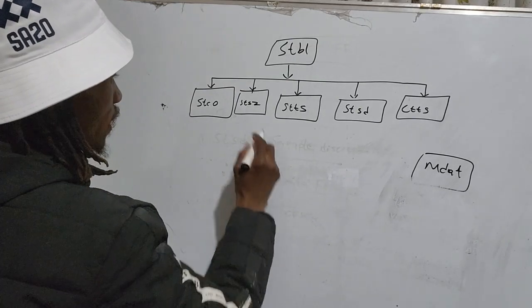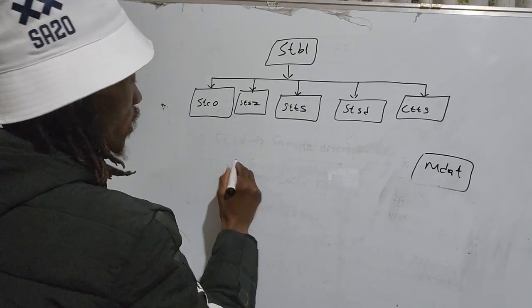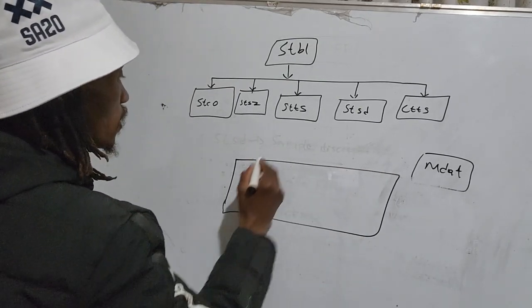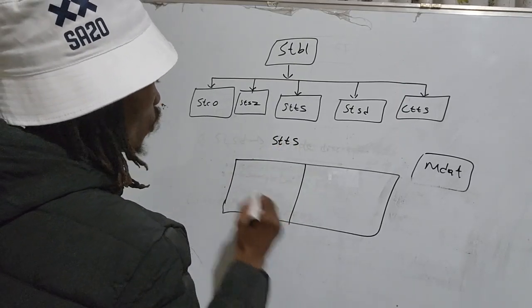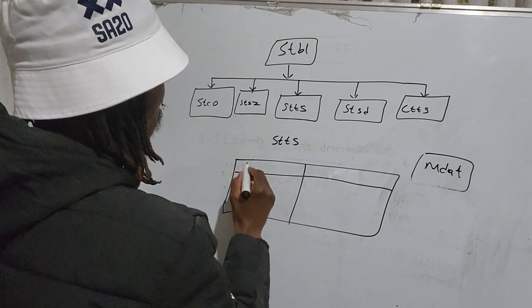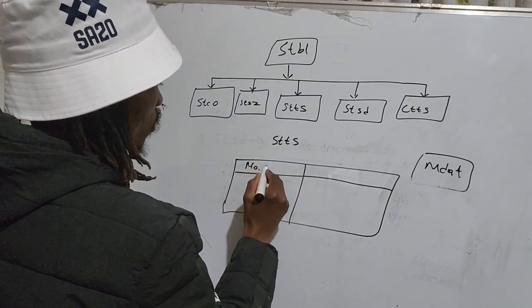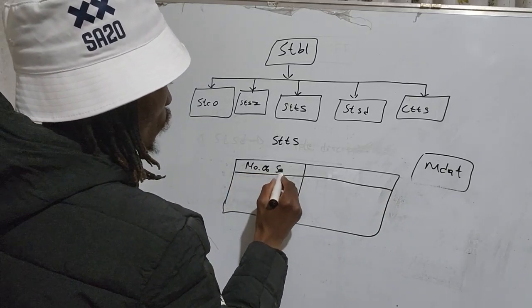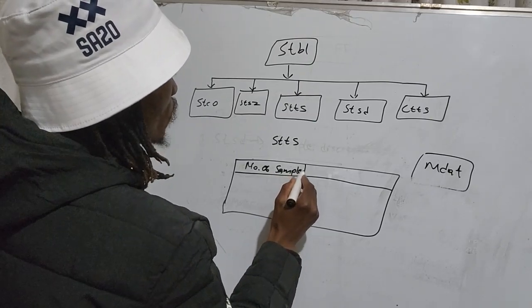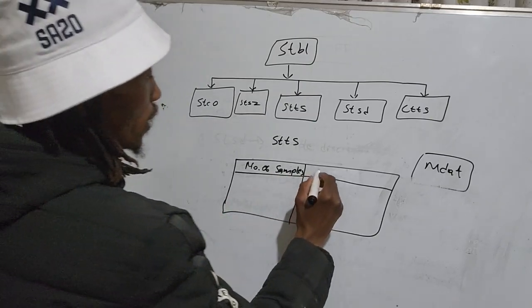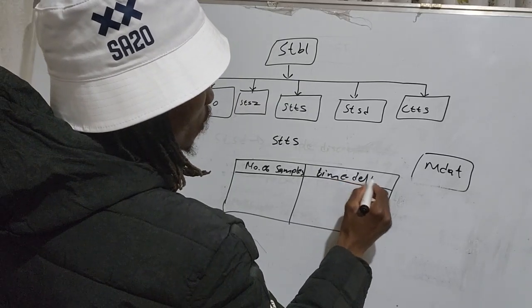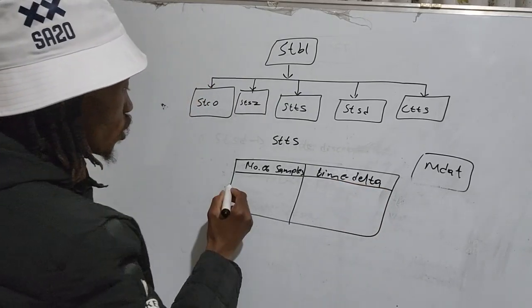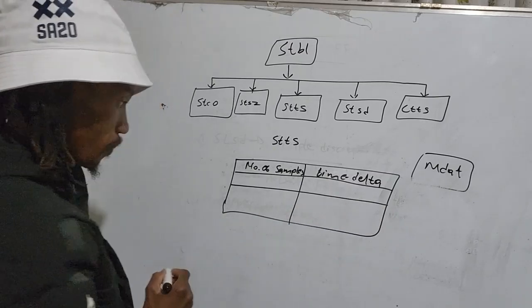So the STTS is a table that is like this. This is an STTS box. It has two columns: the number of samples with the same duration, and then the time delta of that duration.